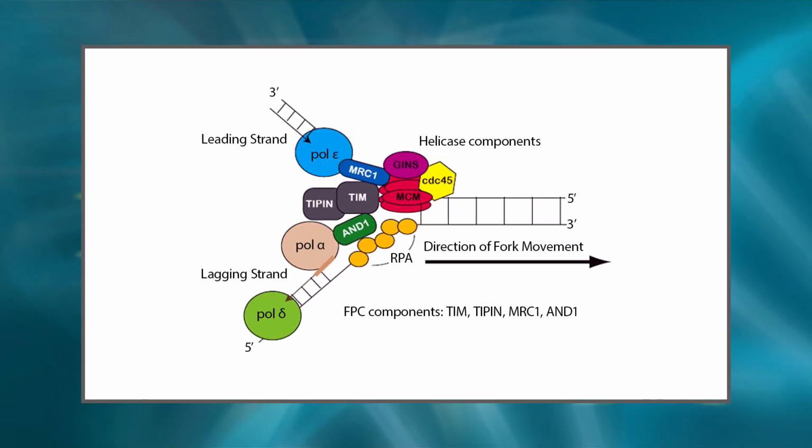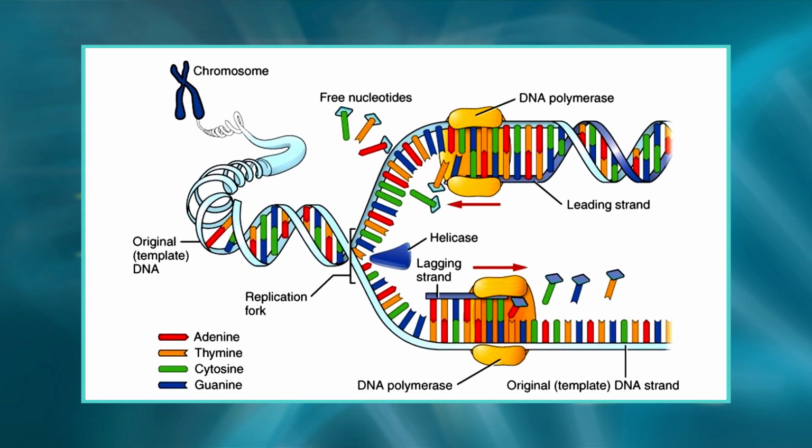As the DNA opens, 2 Y-shaped structures called replication forks are formed, together making up what's called a replication bubble. The replication forks will move in opposite directions as the replication proceeds. Helicase is the first replication enzyme to load at the origin of replication.